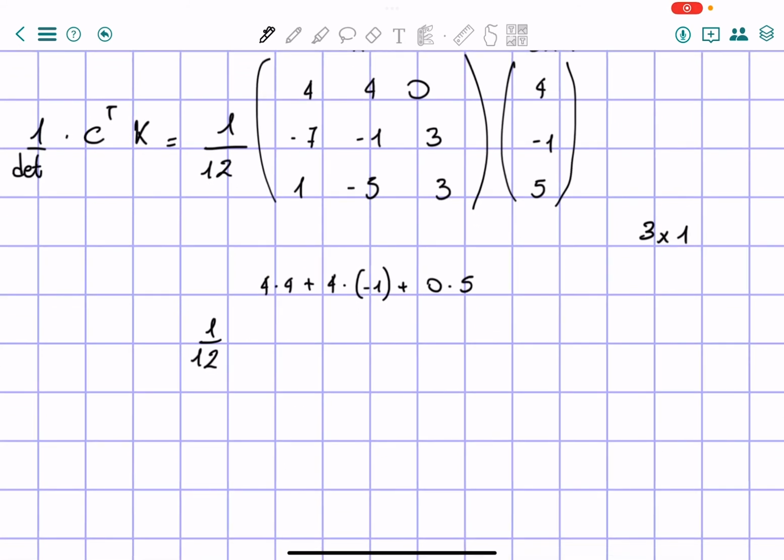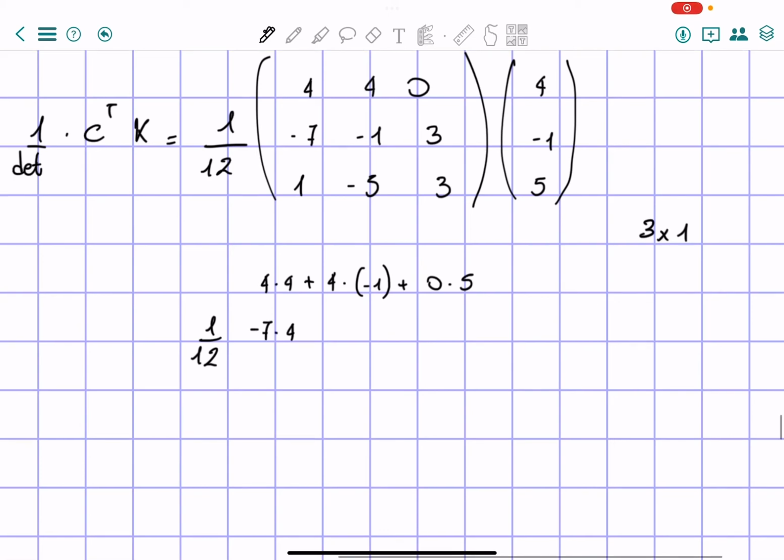That's the first row, only column. Then negative 7 times 4, plus negative 1 times negative 1, plus 3 times 5. Then 1 times 4, plus negative 5 times negative 1, plus 3 times 5.